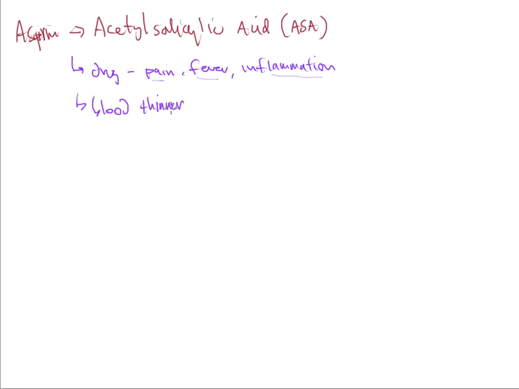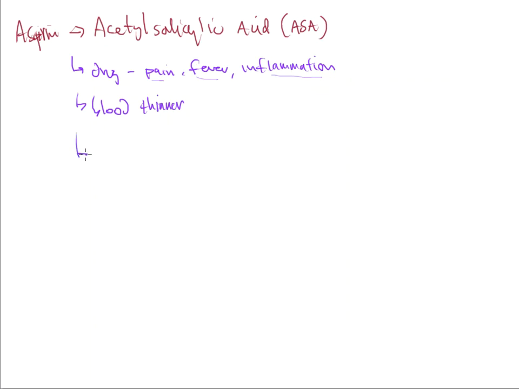Or if they cut themselves, it will be very hard for them to stop the bleeding from a simple little cut. And it's due to these blood thinner medications, or just baby aspirins that the doctor tells them to take every day. All right. Acetyl salicylic acid.